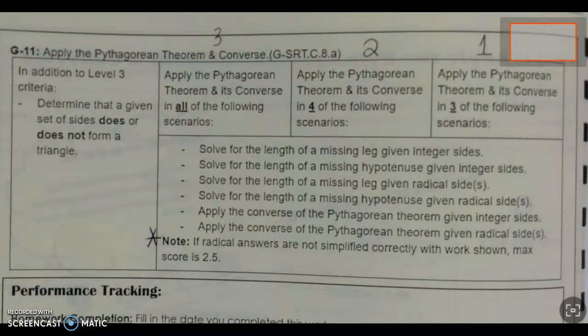So when we do the simplification of our radicals, if you're okay with that and you're okay showing your work, then you can easily get that level 3. If you're not, you could even give a decimal answer if that wasn't something you were comfortable with, but the best score you can get is a 2.5. Then level 4 is simply, can you determine if the 3 lengths given make a triangle or not a triangle?